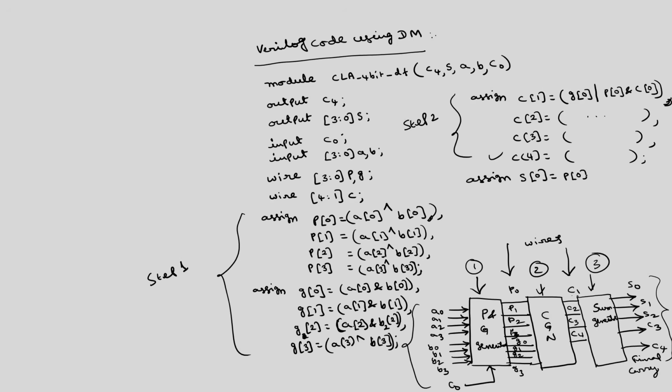P0 exclusive OR with C0, comma, single assign, S1 is equal to P1 exclusive OR with C1, S2 is P2 exclusive OR with C2, comma S3 is P3 exclusive OR with C3. Then this is endmodule.